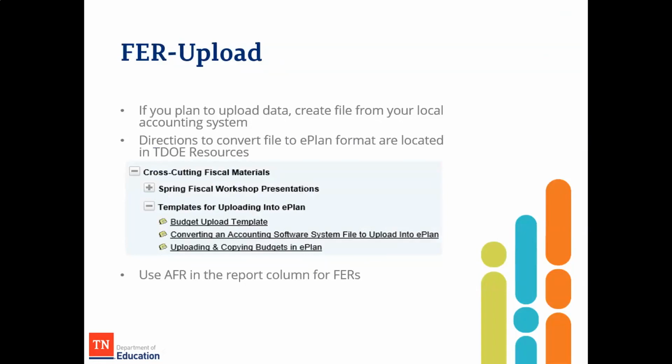Here, you will select cross-cutting fiscal material, then template for uploading into E-Plan, and here you will see the hyperlink for the upload template and the converting an accounting software system file to upload in E-Plan. For the upload template, please use AFR in the reporting column for the final expenditure report.